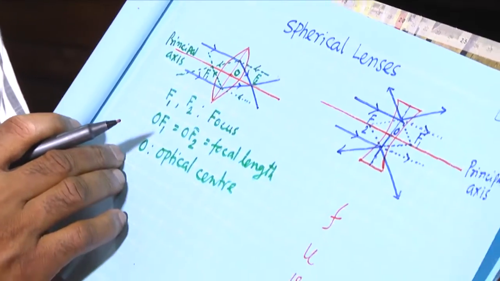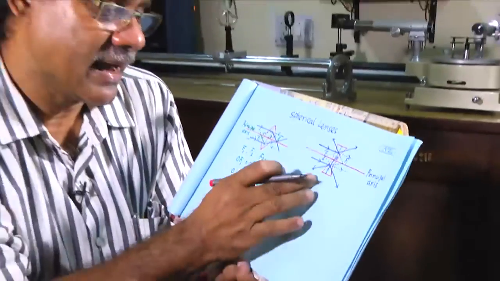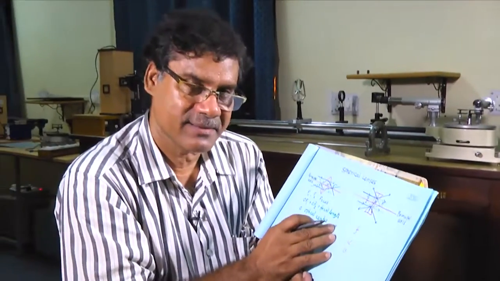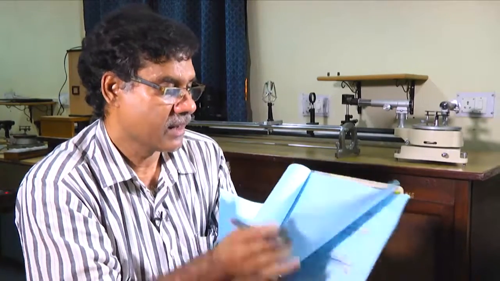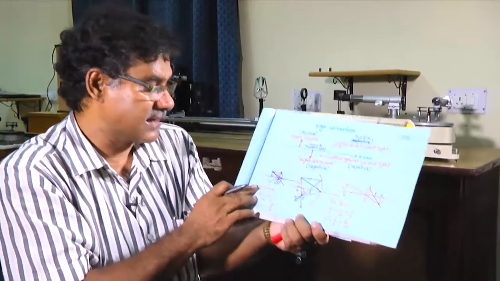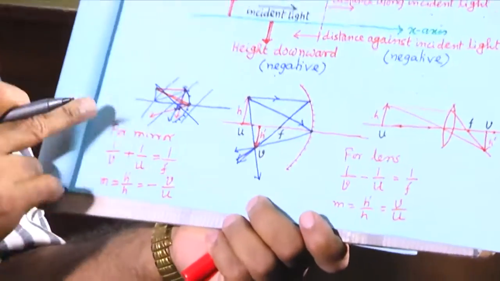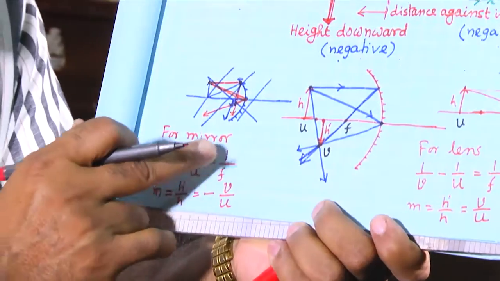They are related, and I will tell you that relation. In the case of a mirror, 1 by v plus 1 by u equals 1 by f.